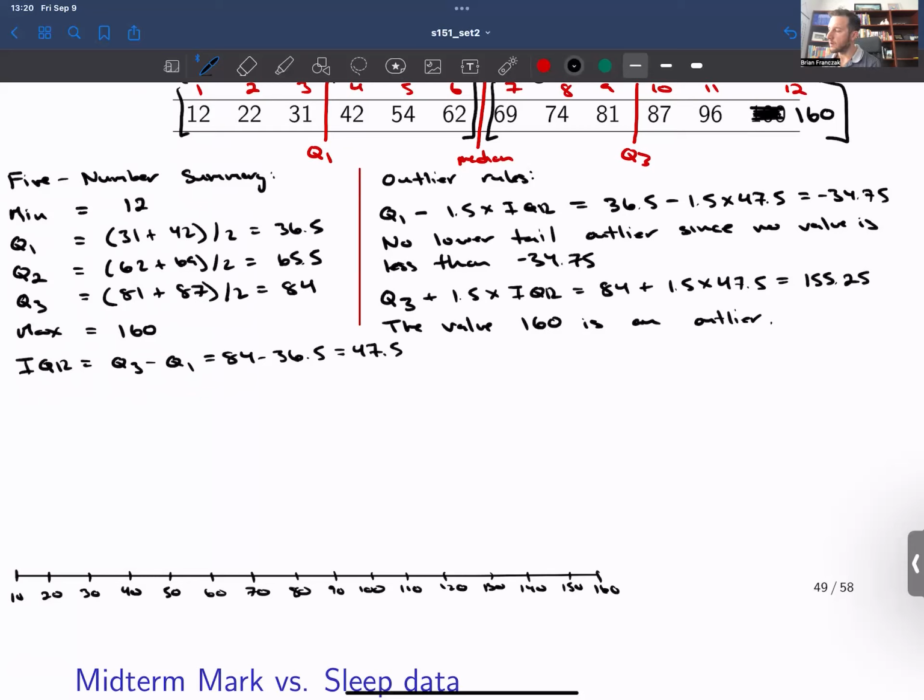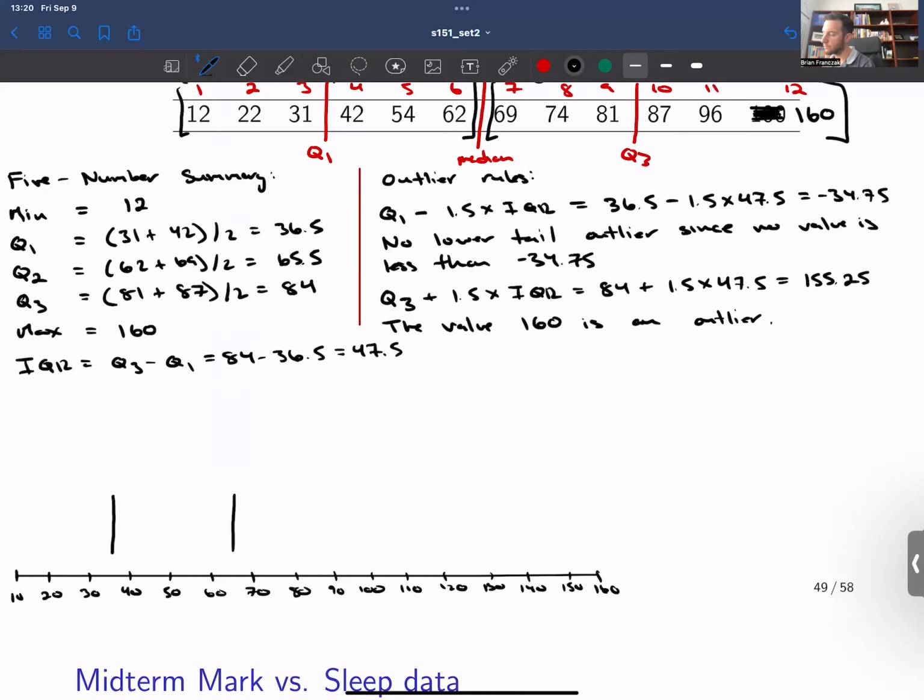Now what I will do is build the mid part of the box plot, the box. I'm going to mark down the value of Q1, which is 36.5. That's going to be roughly right about here, just a bit above the midpoint. Now I'll mark down Q2, which is 65.5. That'll be right here in the midpoint.